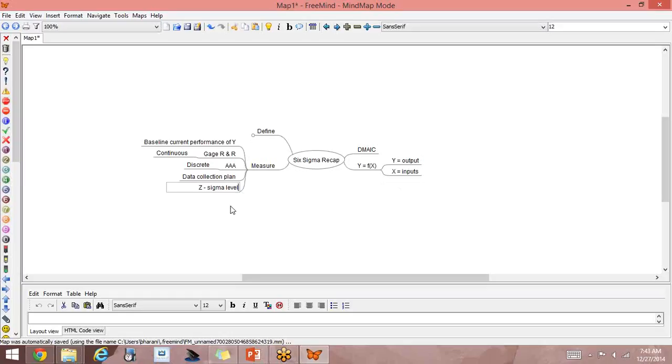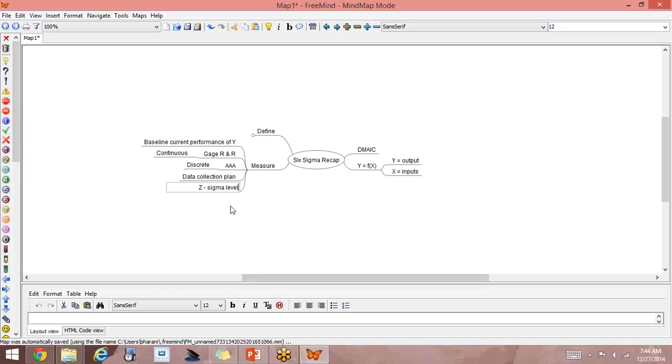Is the data accurate or not? If I feel that the data is accurate, I collect the data. Then I try to baseline. I want to implement Six Sigma and improve the profits of my garment shop, right? But what is the sigma level at which I am operating at this point of time?